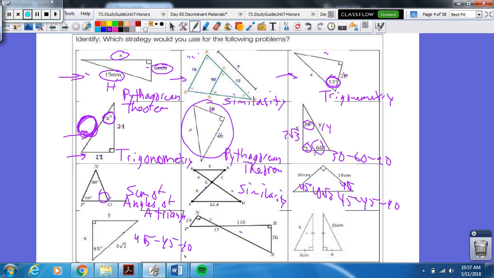Yeah, so this would be 3 and 3. This is similarity. Nice job. And last one, yeah, another similarity one. Or you can also use 45, 45, 90, because I see isosceles right triangles. Boom. Okay, so all those are different ways of solving triangles.